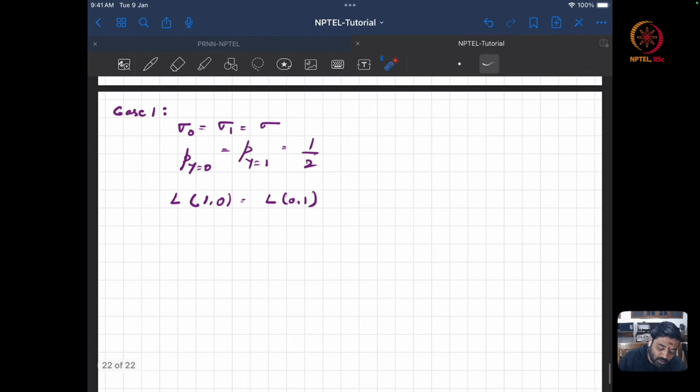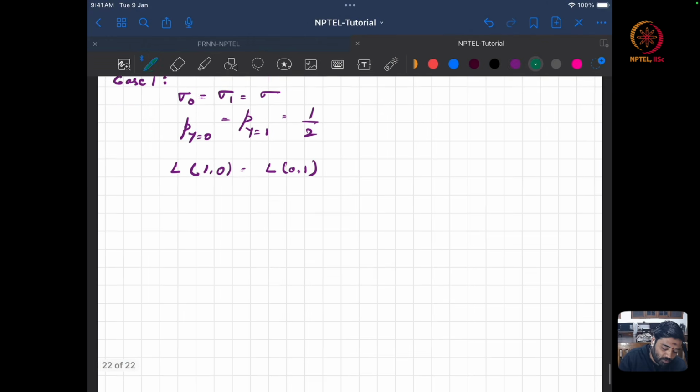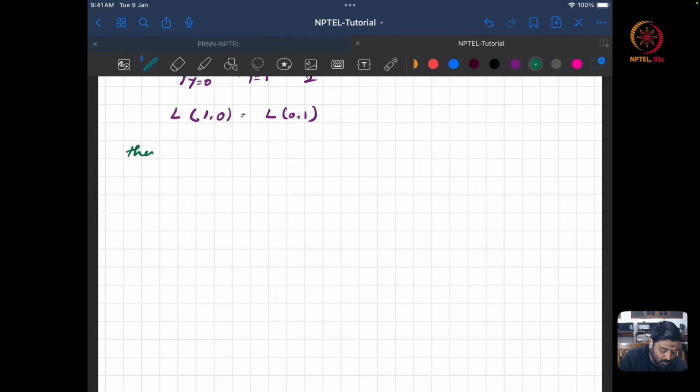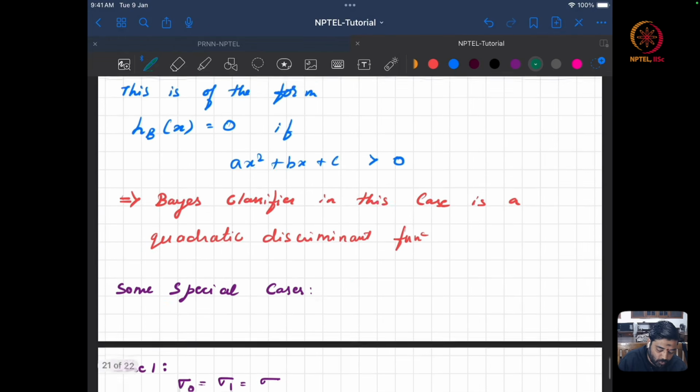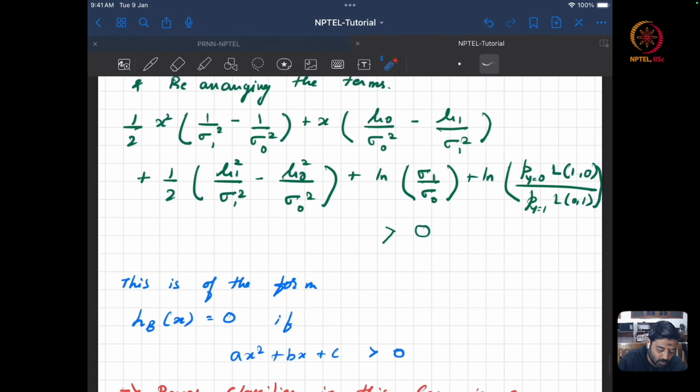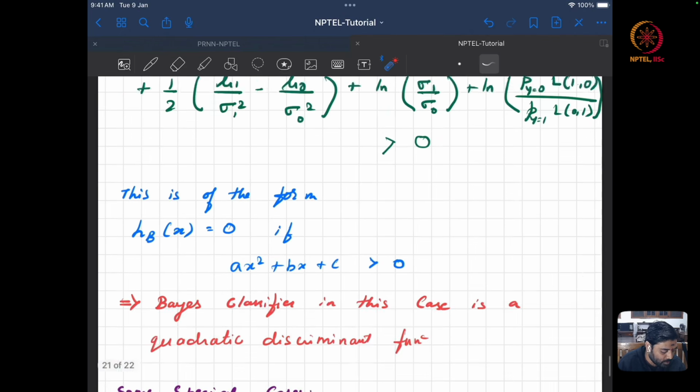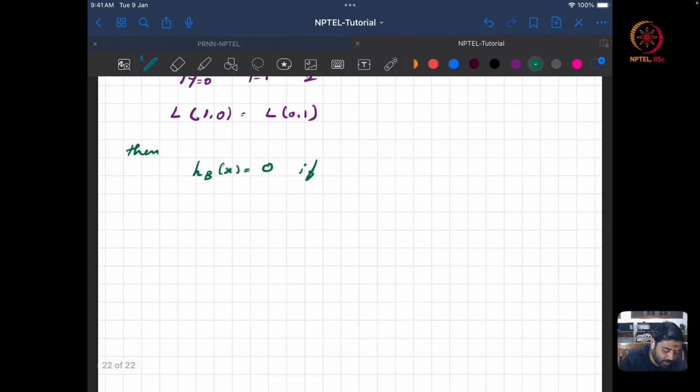I'm assuming these things. Then what will happen? Then my Bayes classifier says 0 when, let's put this up and see. When sigma 1 and sigma 0 are the same, this will go off. Then this is a term of x with some constant. So let's write it up.